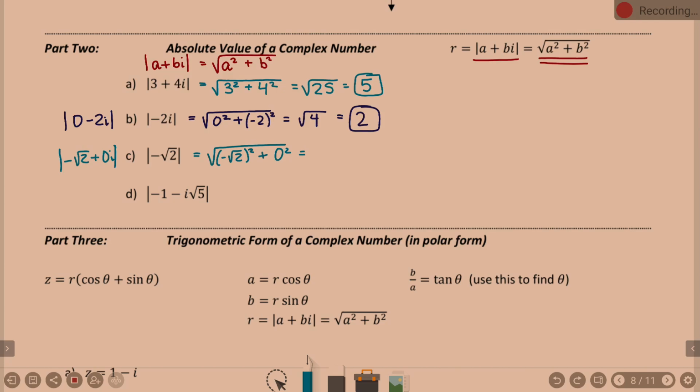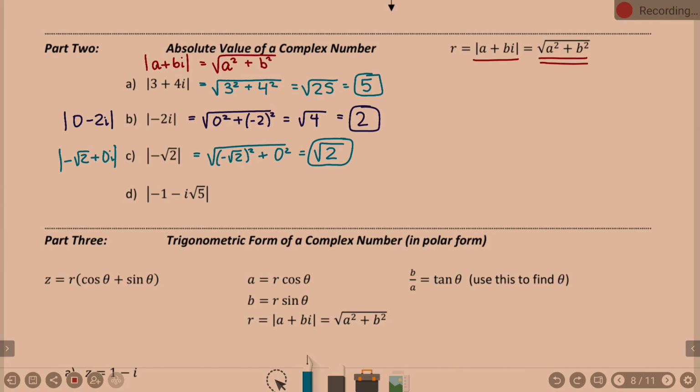I'm actually doing way too much work on that, but I'll talk about that in the end. Okay, what is the negative square root of 2 squared? When you square a square root, you just get whatever's under it, so it's going to be 2. Plus 0 squared is still 2. What's the square root of 2? We're just going to leave it as square root of 2. You can get a decimal if necessary.